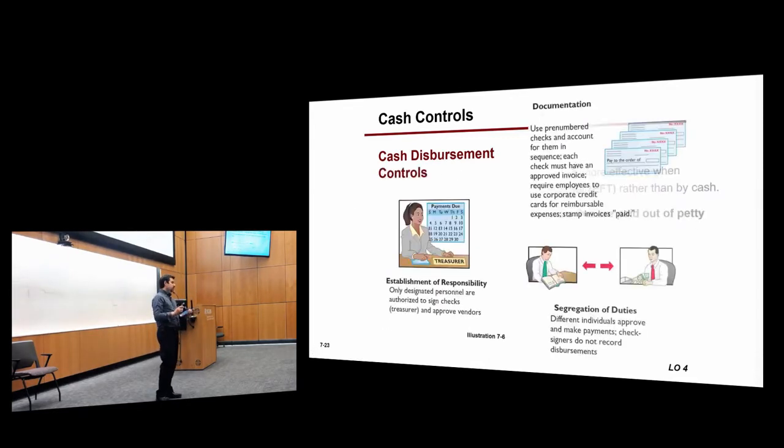So let's see how this is done. The controls, the 6 principles that we discussed earlier for cash receipts, they are also there for cash disbursements. For example, establishment of responsibility. If I'm the only person, let's say that I'm the treasurer, and I'm the only one who has access to the checks, any check that goes missing will be my responsibility, right?